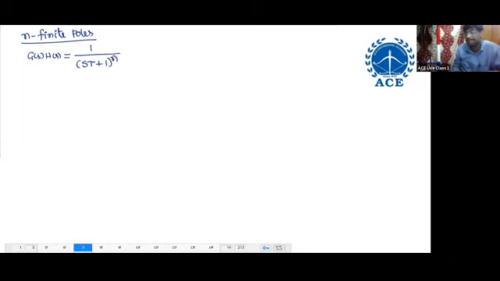I'll do it for n finite poles. Come on, do it. What is G of S, H of S for n finite poles? 1 by (S tau plus 1) whole power n.